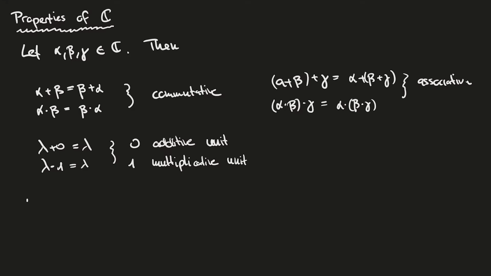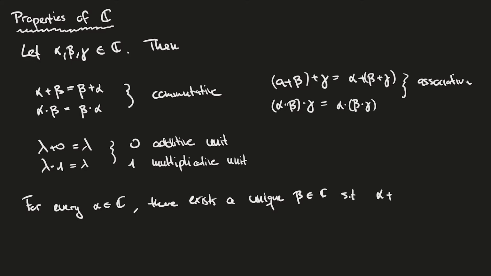Finally, for every alpha in C, there exists a unique beta in C such that alpha plus beta is equal to 0. So this is the additive inverse of alpha.